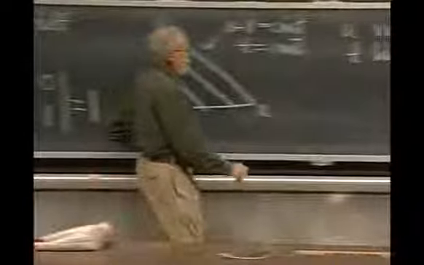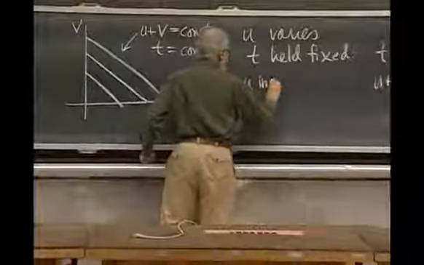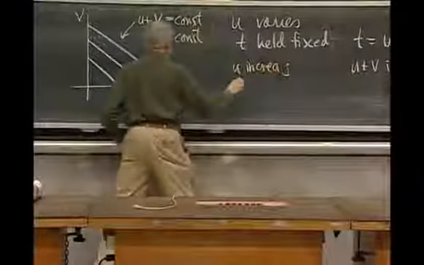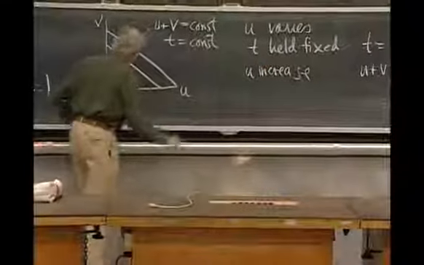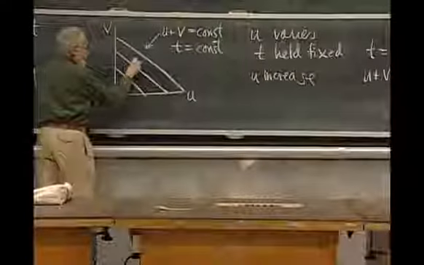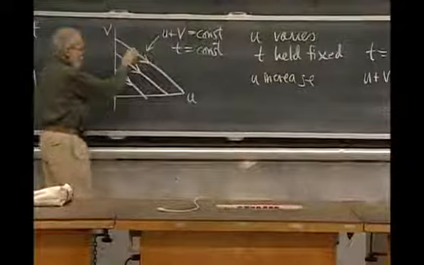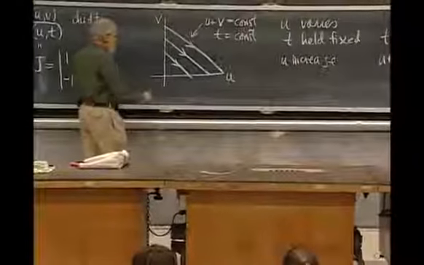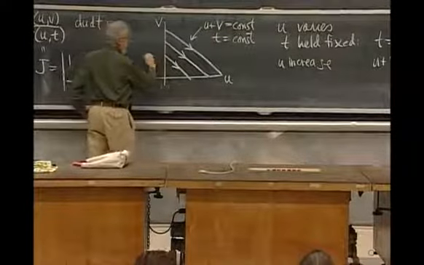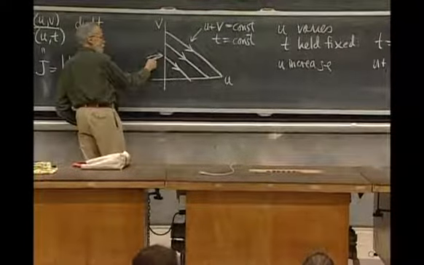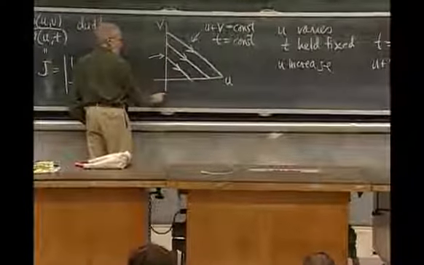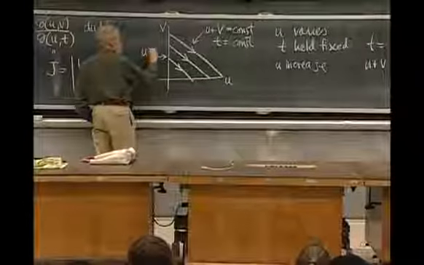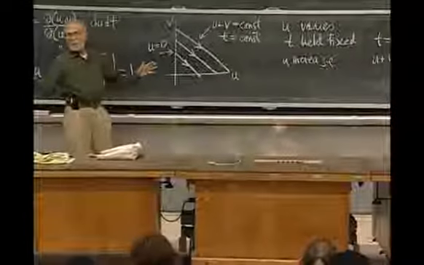Okay, you let u increase. As u increases and t is held fixed, I'm traversing these lines in this direction. That's the direction in which u is increasing. I integrate from the u value where they enter the region. What's the u value where they enter the region? u is equal to 0. Everybody would know that.